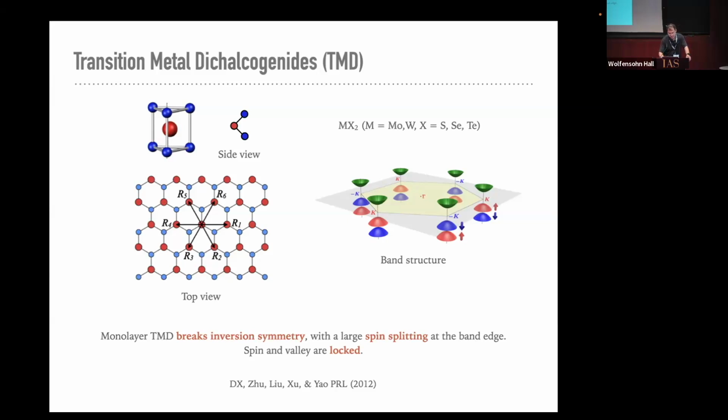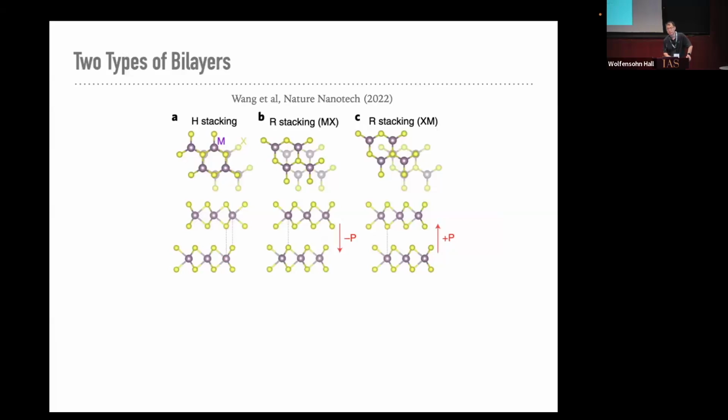Now, next we consider how we form a bilayer. That's another scenario where graphene and the TMD are different, because of the breaking of the inversion symmetry. You see that when you have the two layers stacked together, you have the so-called H stacking and R stacking. So what's H stacking?